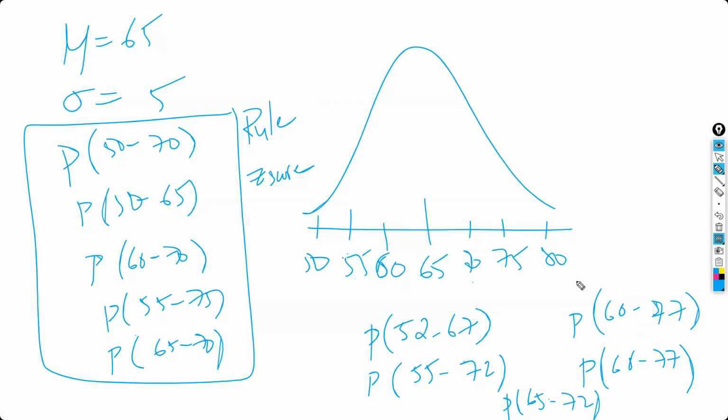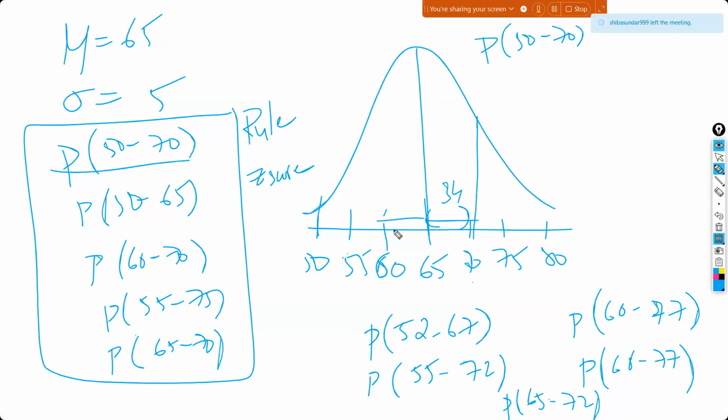Example: the first question I'm going to solve in front of you, that is 50 to 70. Now 50 to 70 means from this point to here. Calculate from here to here. This area is 34 and this one is 34.